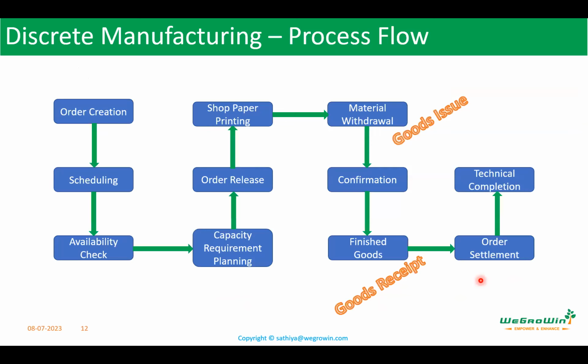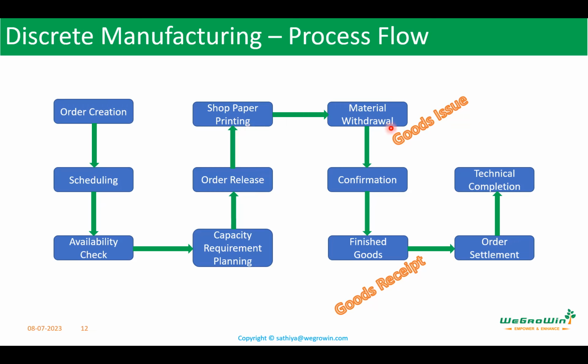So here, the discrete manufacturing process flow is: we have the order creation, then scheduling happens. When the scheduling is happening, an availability check is done for the material, and then capacity requirement planning is done. Once it is done, the order is released and shop floor documents are printed.